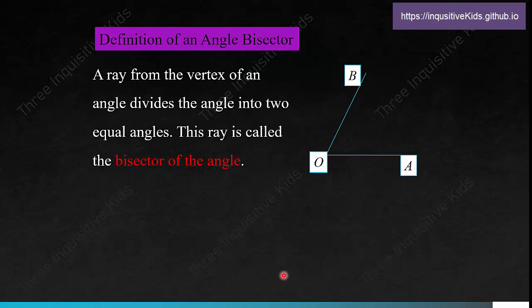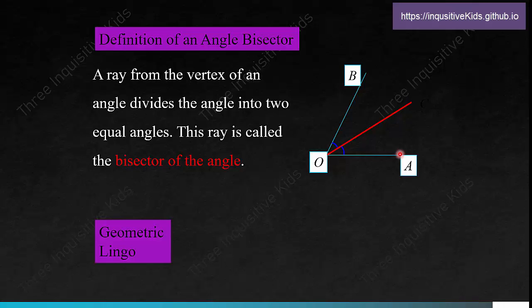So the definition of an angle bisector is that a ray from the vertex of the angle divides the angle into two equal angles. This ray coming out from O, splitting angle BOA into two halves, is called the bisector of the angle.